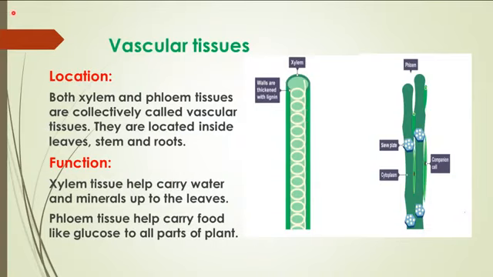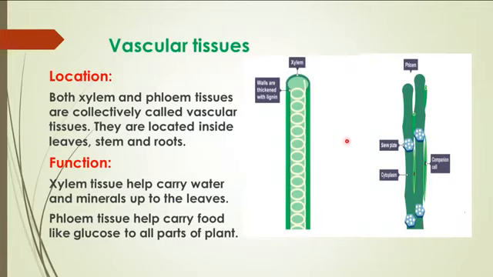Xylem carries water from roots to the leaves, while phloem carries food like glucose from leaves to other parts of the plant. Xylem is only one way.